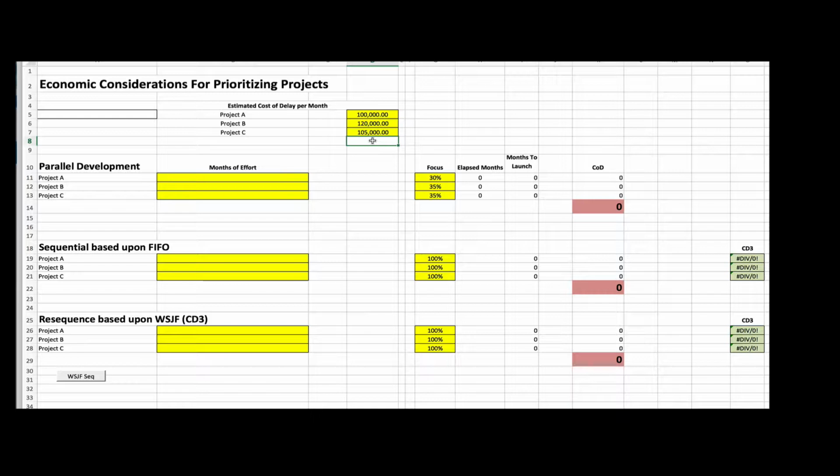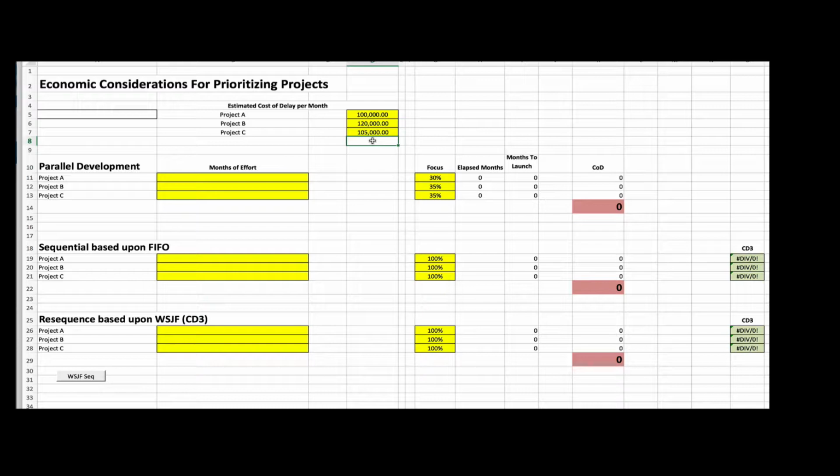Now, these projects are all going to be approached using some scarce resources. And isn't that always the case, that we frequently have more to do than we have time and money? So we have two distinct ways of approaching this. One is to do them in parallel with a portion of effort ascribed to each one amongst our resources and our people who will be working on it.